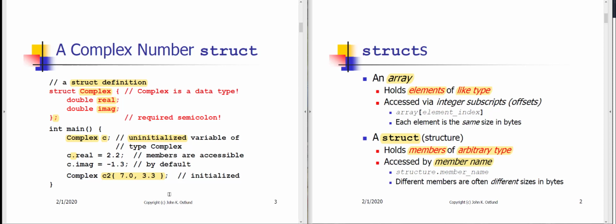This declaration and initialization says that C2 is a complex object whose real part is 7.0 and imag part is 3.3. The values are used sequentially in the order in which the components, the members, are defined. So real is 7.0 and imag is 3.3.